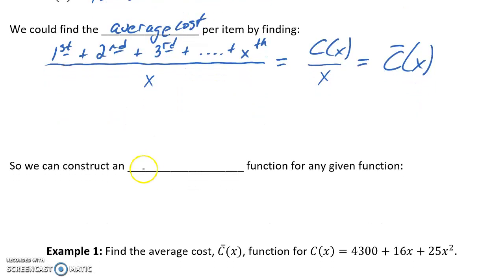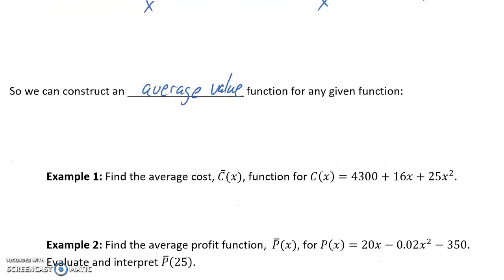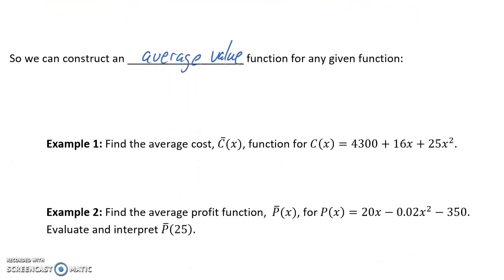So what this means is we can construct an average value function for any given function by taking that original function and dividing by x. So C bar of x, the average cost function, would be C of x over x.